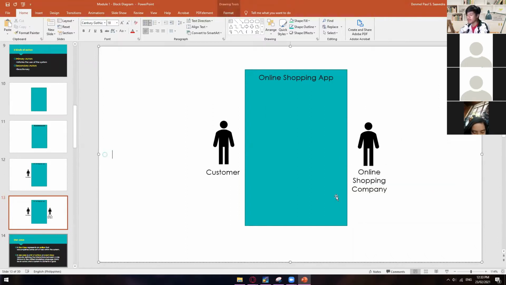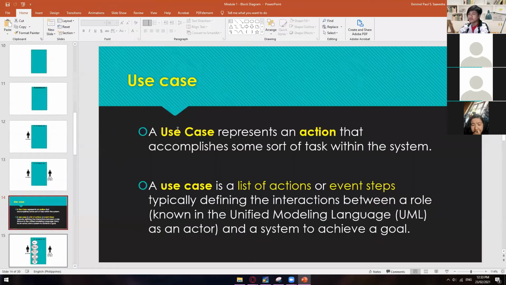So you can also have children, wherein Lazada, and then what else? Shopee, Shopback, Amazon, etc., Alibaba. So you can have as many children as you have. So what are their actions regarding the customer? So you can have something like that also. All right, so let's now move on with the use case.